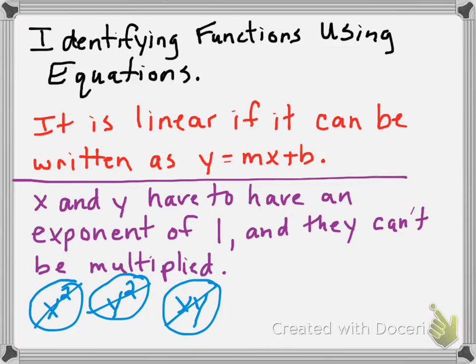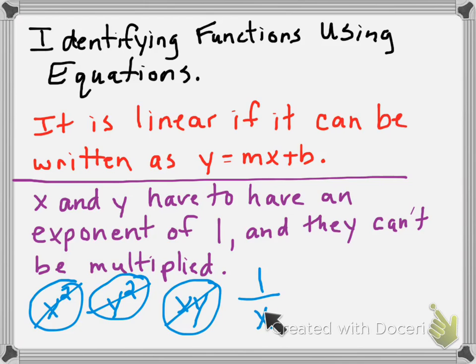Now those three were pretty straightforward because that's pretty much exactly what it says up here. Now there are some more though. 1 over x. You can't have 1 over x, because if you think about it, we're still in the middle of exponents. What is the exponent on this x? It's a 1, right?